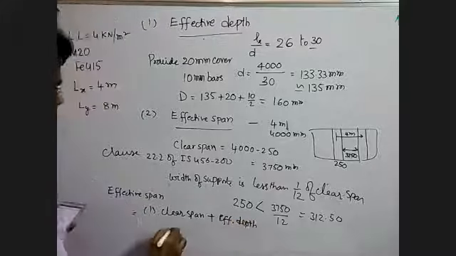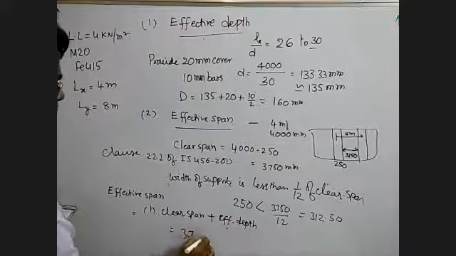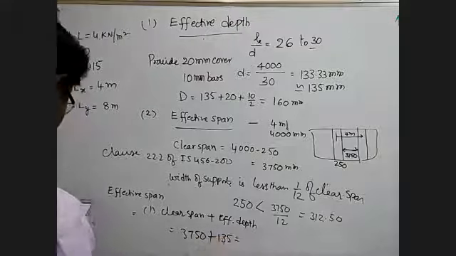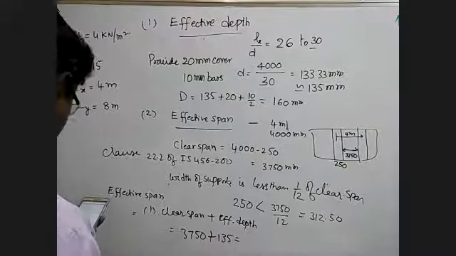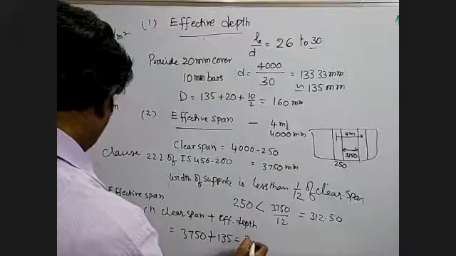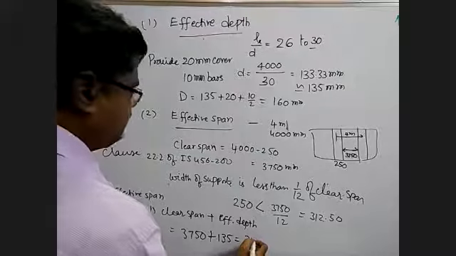So clear span is 3750. Effective depth is 135 mm. So it comes to 3885.